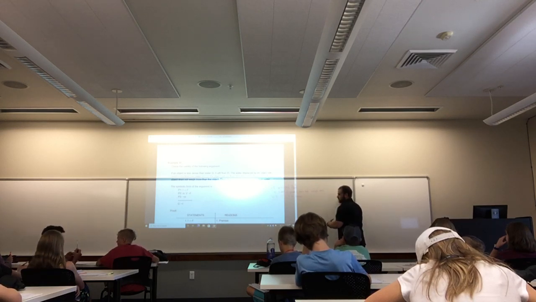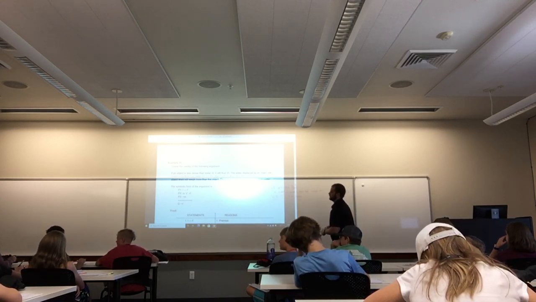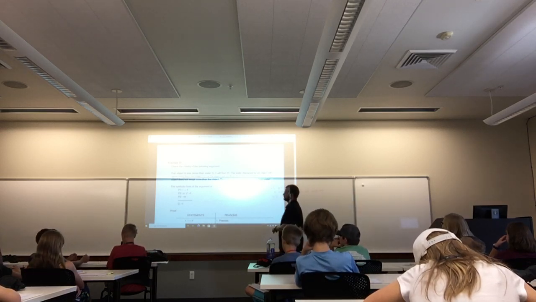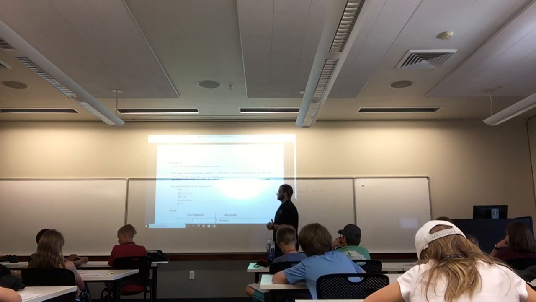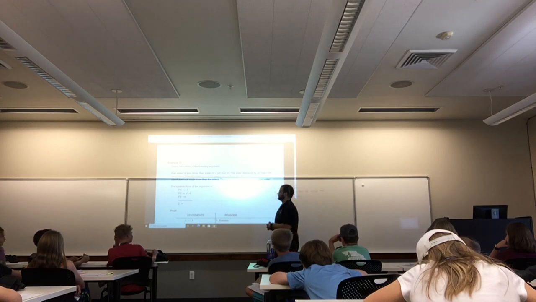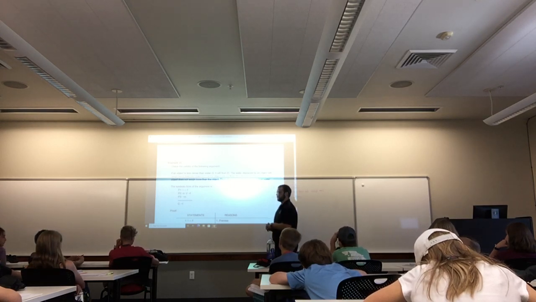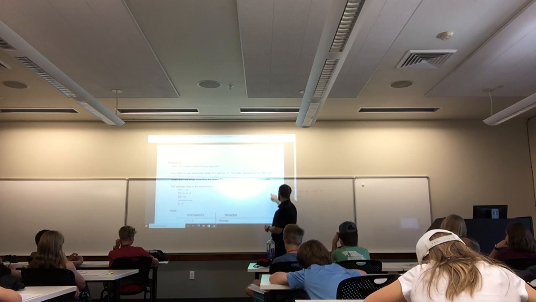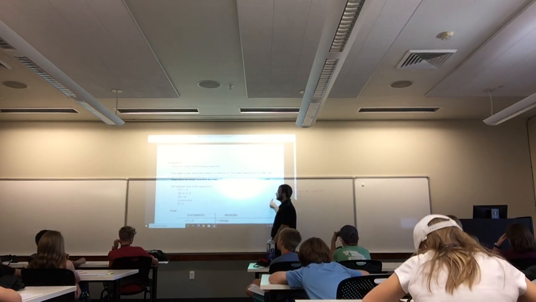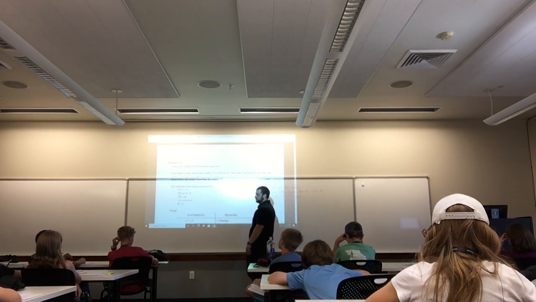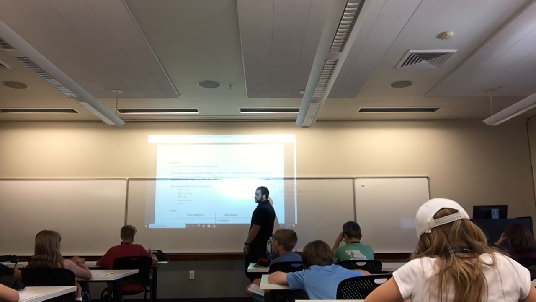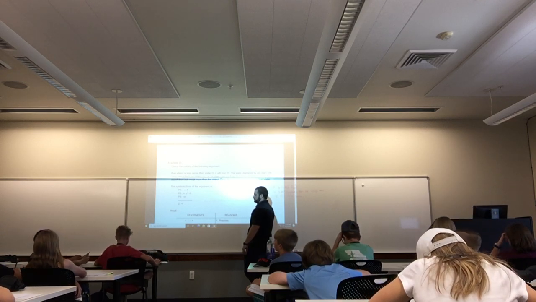Yes, Katerina? On the symbolic form, why are there more statements than what you're given on the symbolic form of the argument? Out of the 3 statements, why are there more statements?